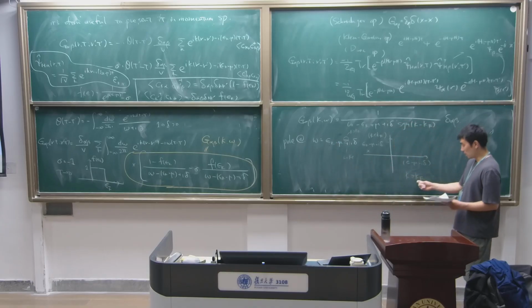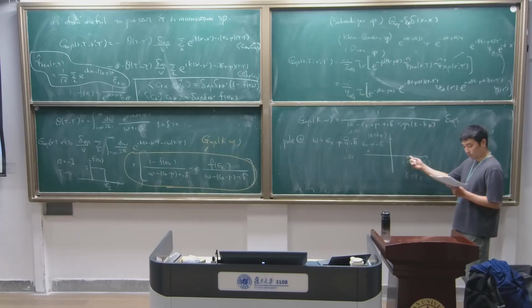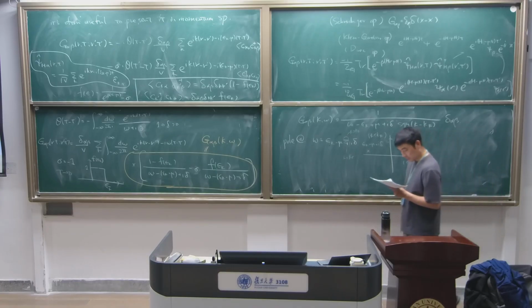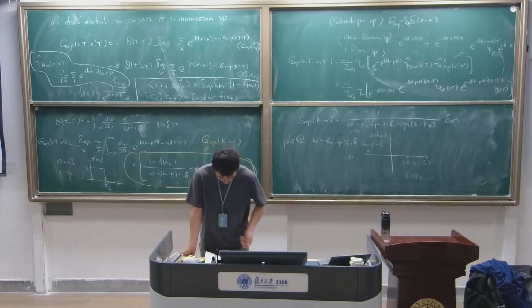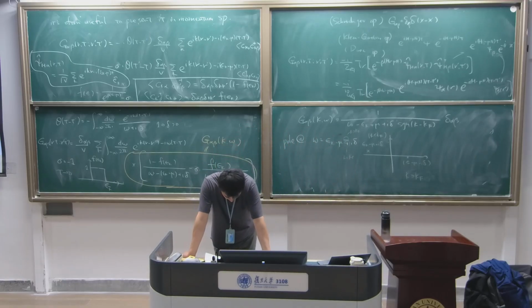When k is greater than k_F, you can have a pole here. So this pole is the meaning of the corresponding particle. The choice of the sign of delta somehow corresponds to this question.